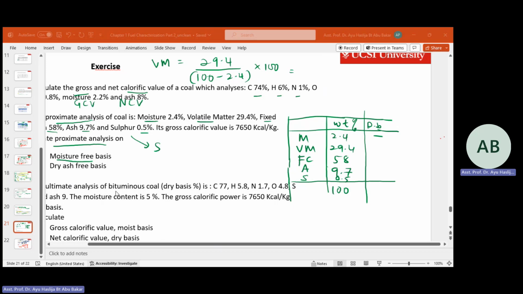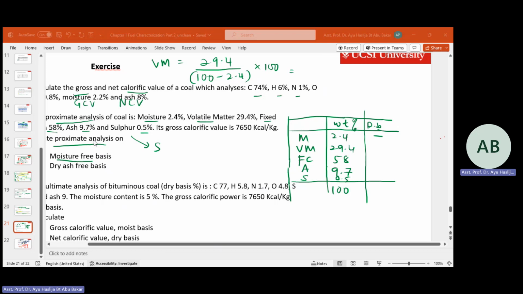So to set the equation, put alpha A. Wait, go back. Open bracket first. Alpha A divided by 97.6 times 100.